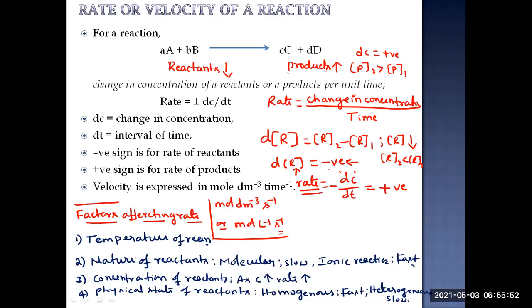So these are some of the factors. Apart from that, in some select cases, where light is required, if reaction has to be carried out, presence of light is very much important. They are called photosensitive reactions. In such cases, intensity of light also matters. More the intensity, there will be more rate of reaction. In case of reactions where catalyst is used, surface area of catalyst. I would also mention this.